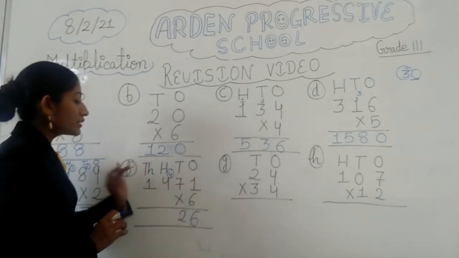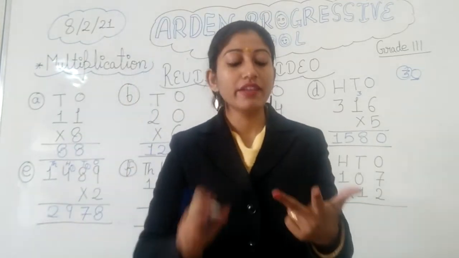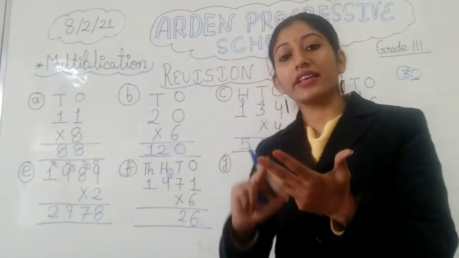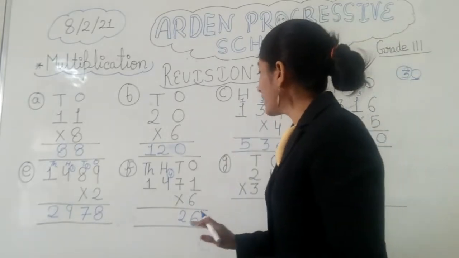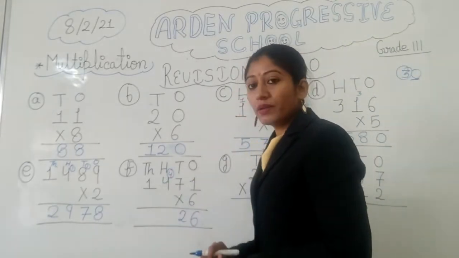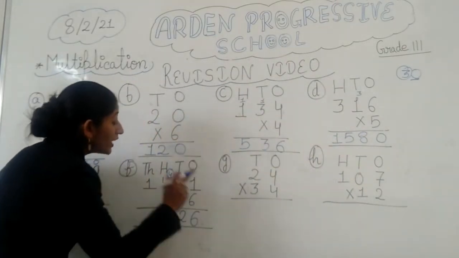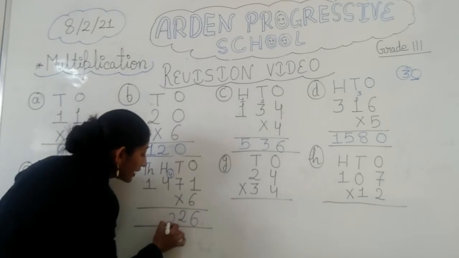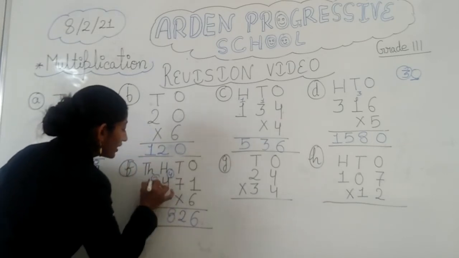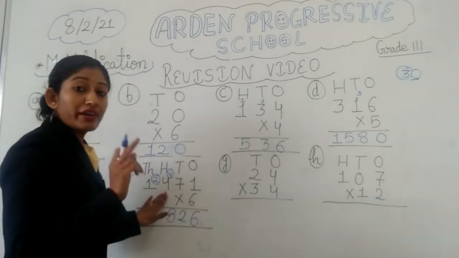Now multiply 6 by 4. 6 1s are 6. 6 2s are 12. 6 3s are 18 and 6 4s are 24. What we are getting? 6 4s are 24 and 24 plus 4 will be 28. So what we will write? 8 here and 2 again will come carry.